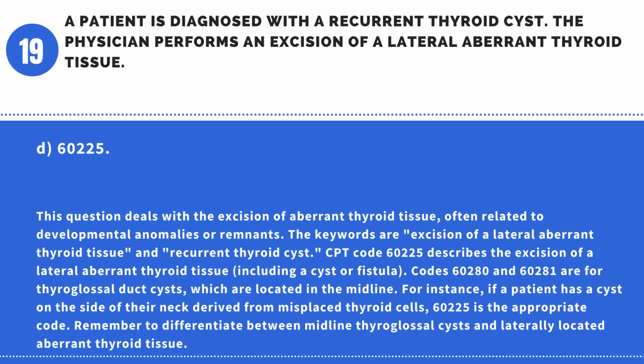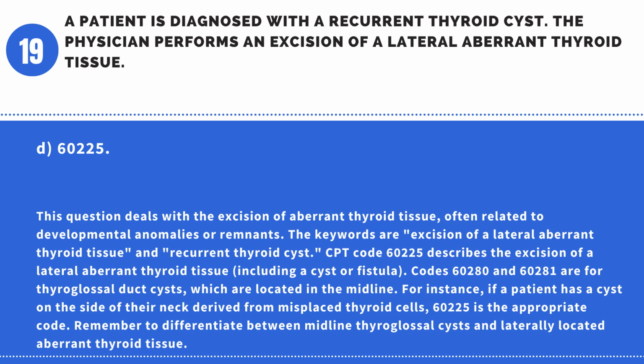60,225. This question deals with the excision of aberrant thyroid tissue, often related to developmental anomalies or remnants. The keywords are excision of a lateral aberrant thyroid tissue and recurrent thyroid cyst. CPT code 60225 describes the excision of a lateral aberrant thyroid tissue, including a cyst or fistula.